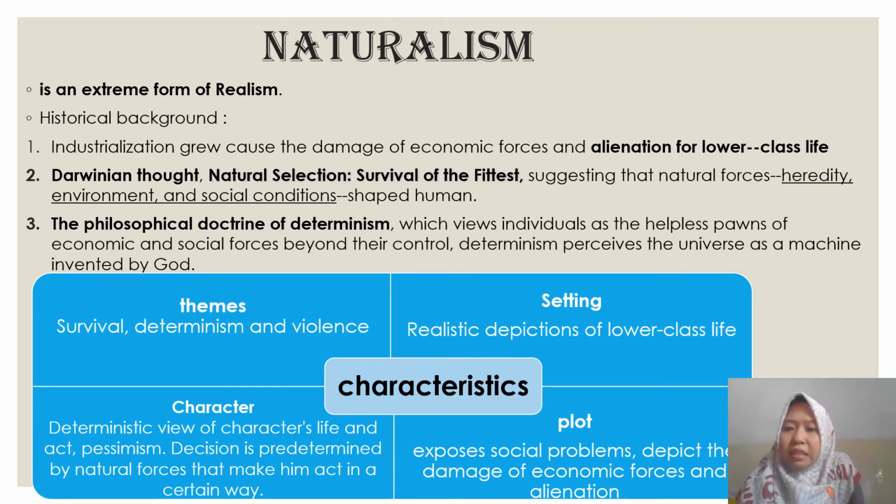Sesuatu yang menyebabkan karakter itu teralienasi atau terasingkan, sehingga kebanyakan akhir, the end of naturalist fiction here has a sad ending. For example, the main character commits suicide or dies because of something.